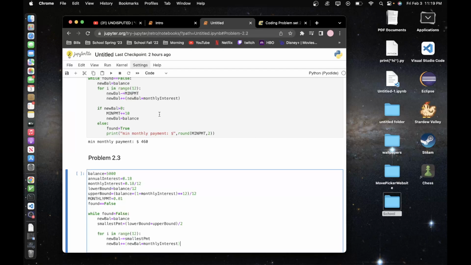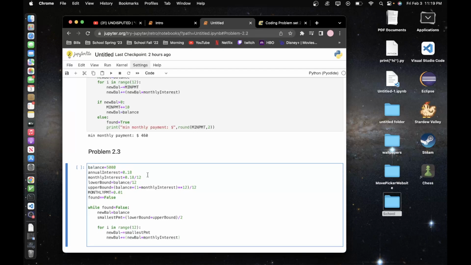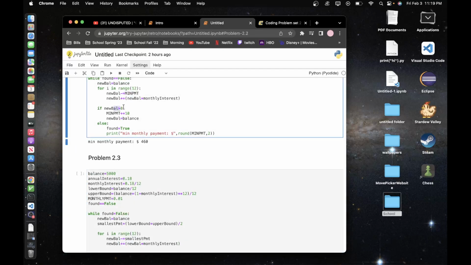And the interest. New balance greater than 0.